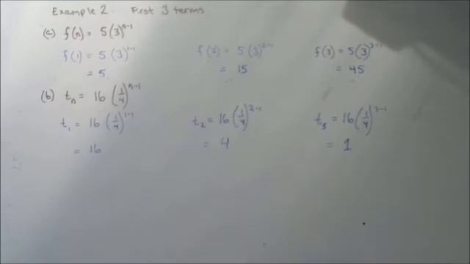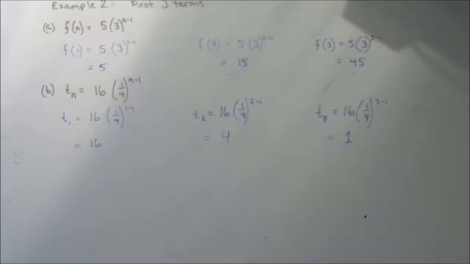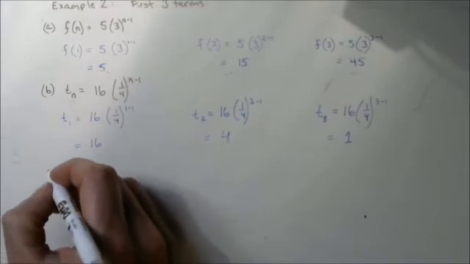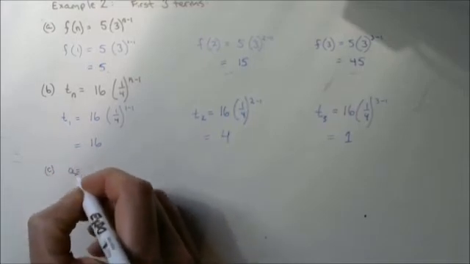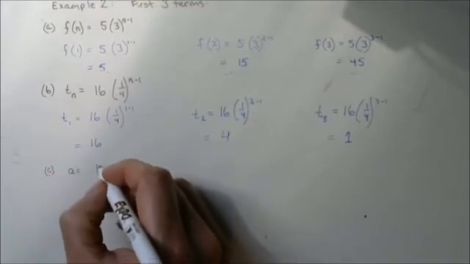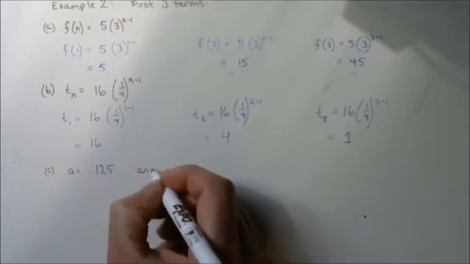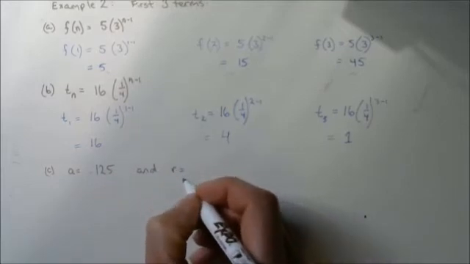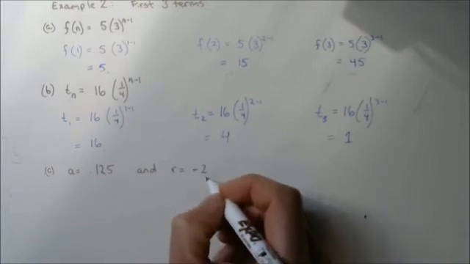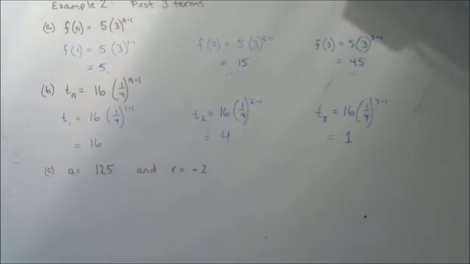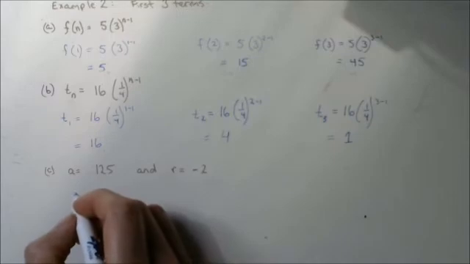In example C, we are given the first term, a, which equals 125, and we are given the common ratio, r, which equals -2. All right, so here you could do it two ways. You could do it first by using the general term, or you can just use some inference here.